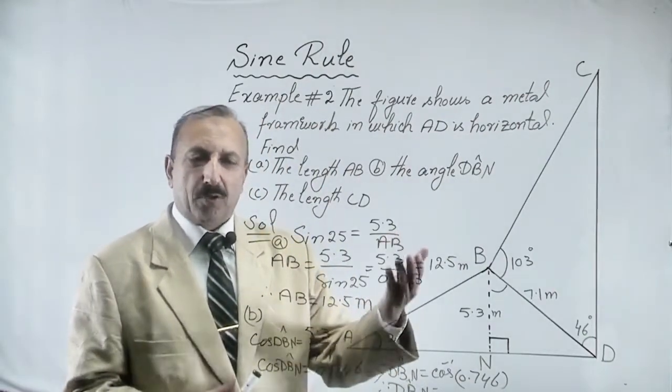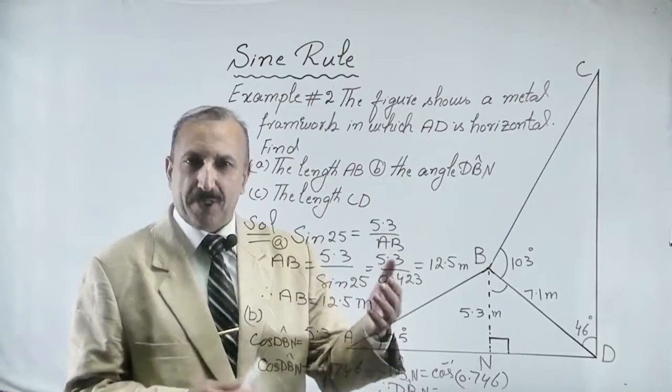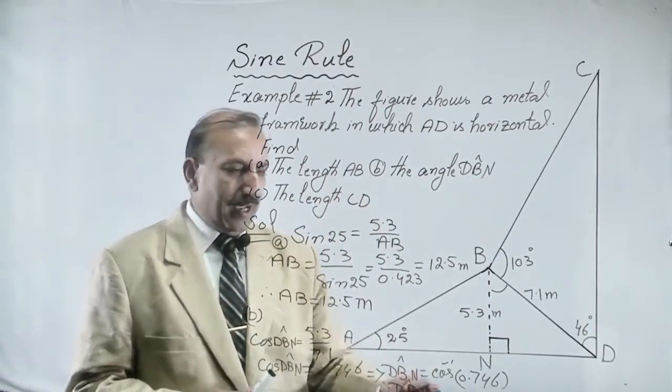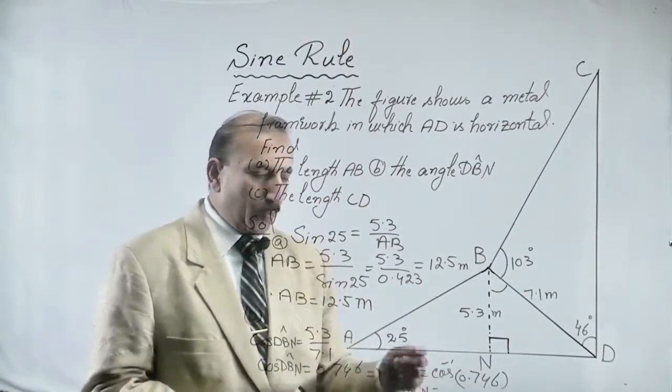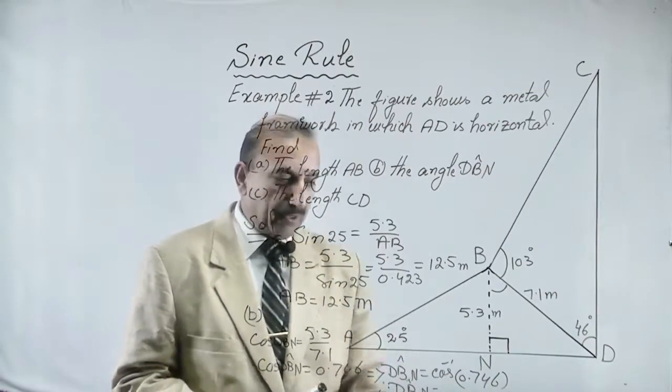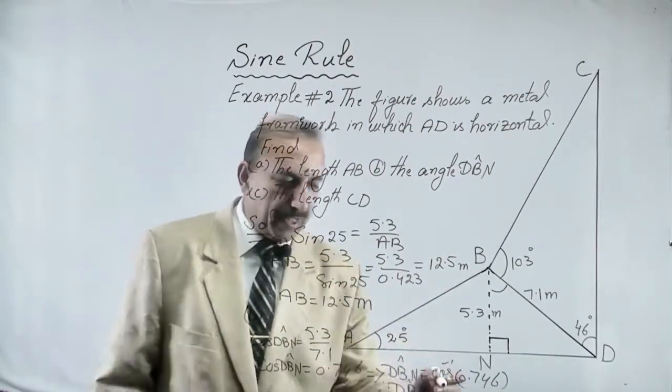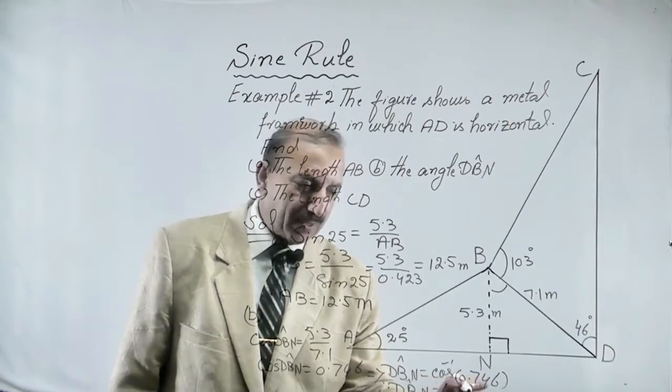It will be on the screen of the calculator, cosine inverse of 0.746 we will get from the calculator. The angle would be 41.7 degrees.